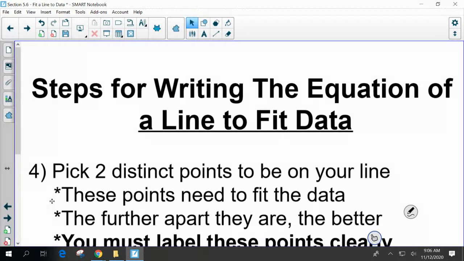All right, so we're on this page right here with all the graphs and the correlation.